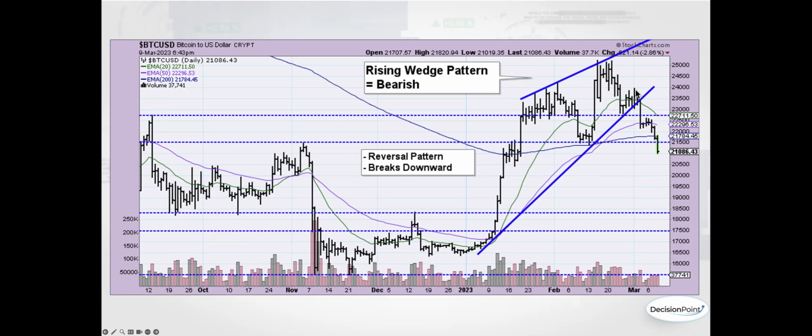These are reversal patterns, typically, because you're going up into the pattern and you're going to see a breakdown. But you can also see these happen as a reversal pattern where you get price coming down into the pattern and then the pattern reverses the pattern that you had before.